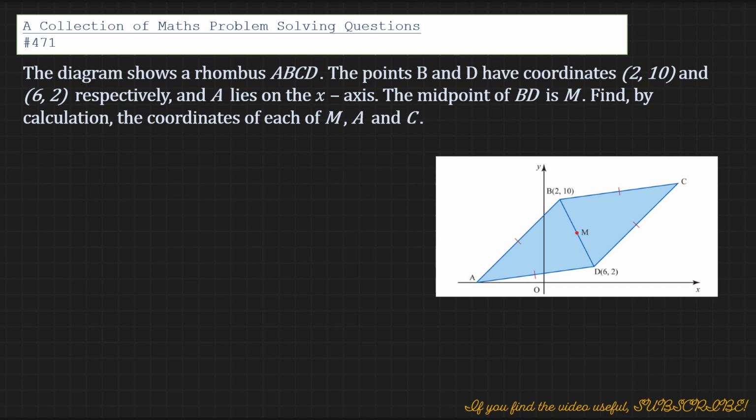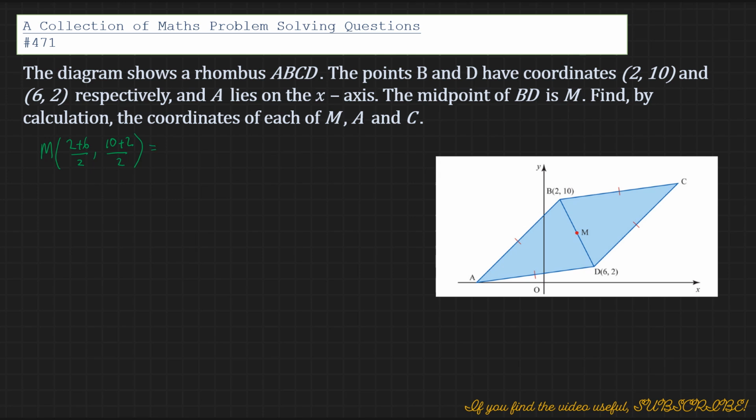So for this question, the best idea is to start with M, because that's probably the simplest. The coordinates of M, because it's a midpoint, can be written as (2 plus 6 out of 2, 10 plus 2 out of 2).